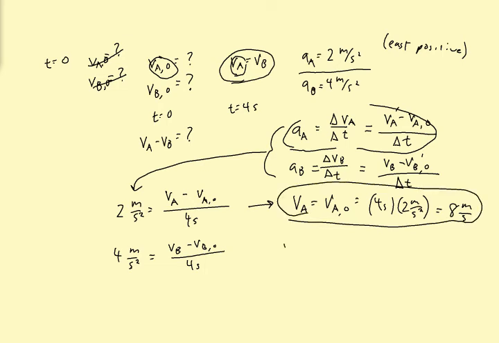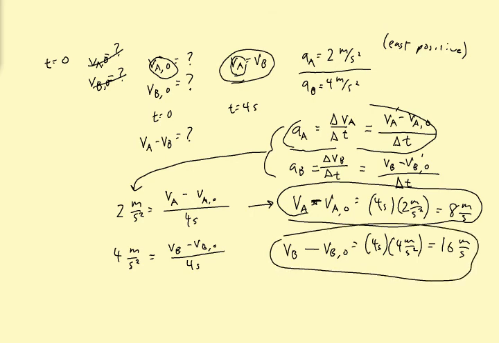And VB minus VB naught is going to equal the 4-second interval times 4 meters per second squared, and that's going to equal 16 meters per second. Okay, so now we're making a little progress.